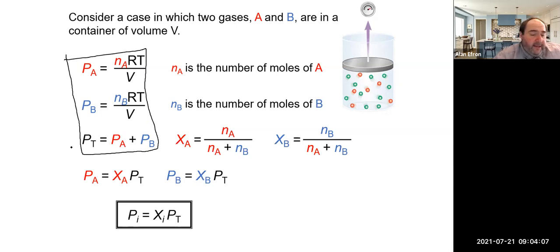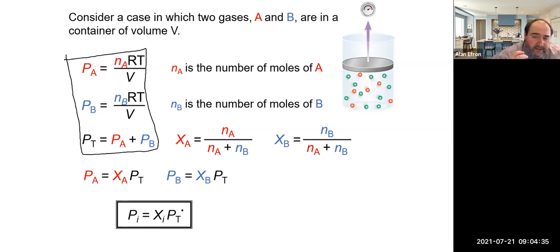Now, there can come a time where you may not be given enough information to actually use the ideal gas law. Maybe you're not given volumes or temperatures or pressures, so you're lacking enough information to calculate the pressures using the ideal gas law.